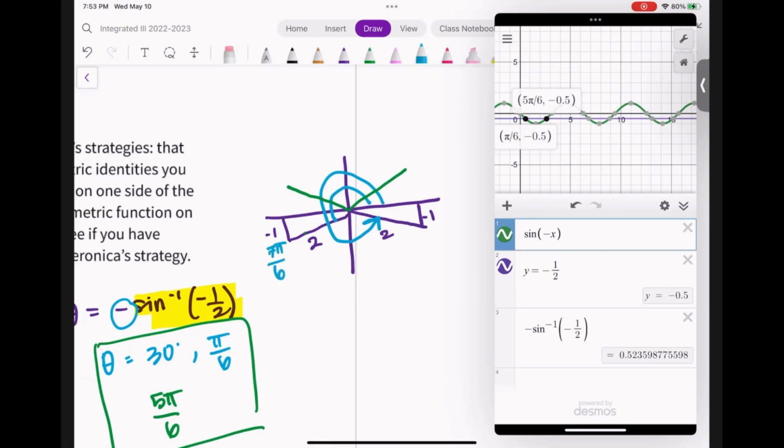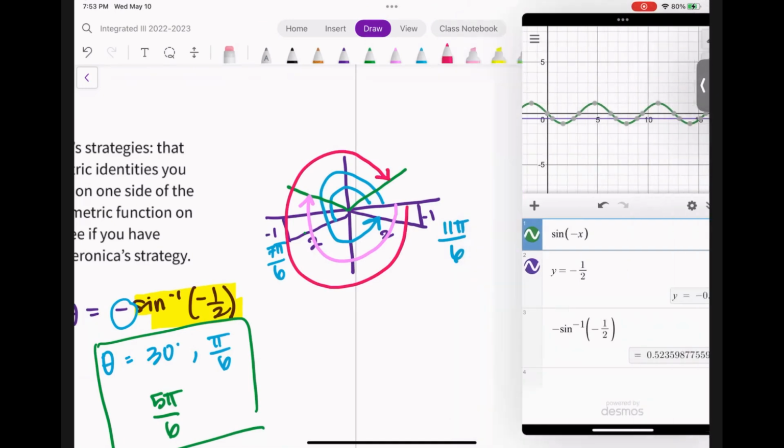But then the negative of 7 pi over 6, you start here, and you would end here. Same thing goes with this other guy. This guy would be 11 pi over 6. And if you graphed him, you would start here and go all the way to here. So we did still find the same answers.